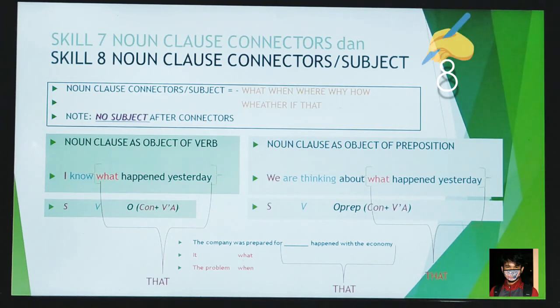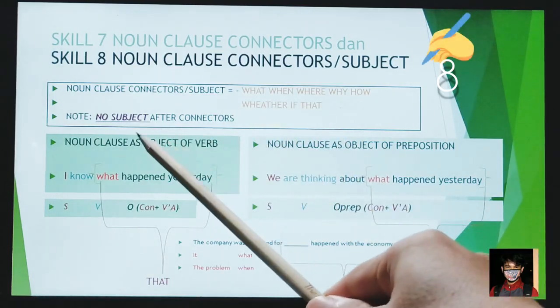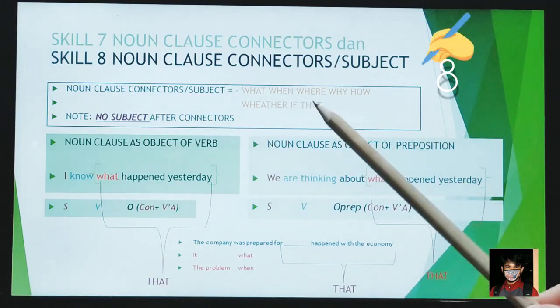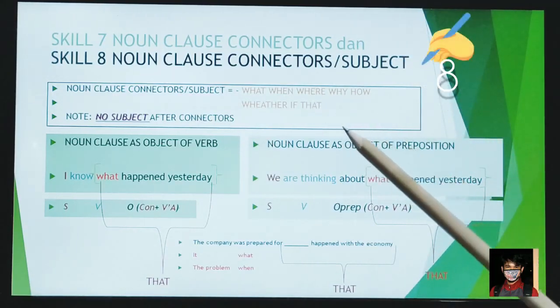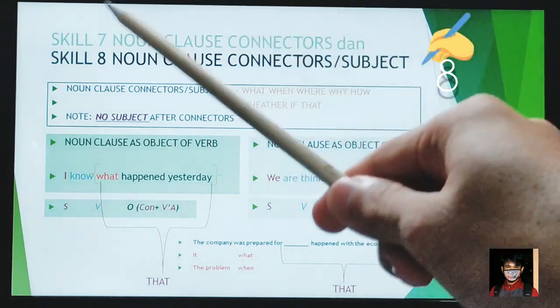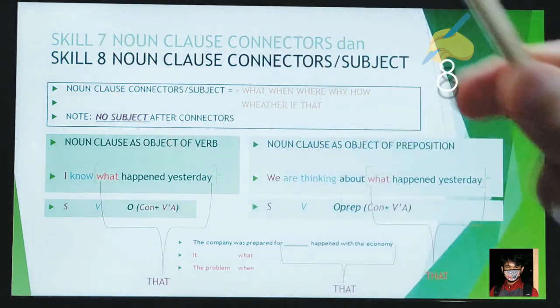So please pay attention to this one. There is no subject after connectors. That's the point. Because the noun clause relates to the subject itself.